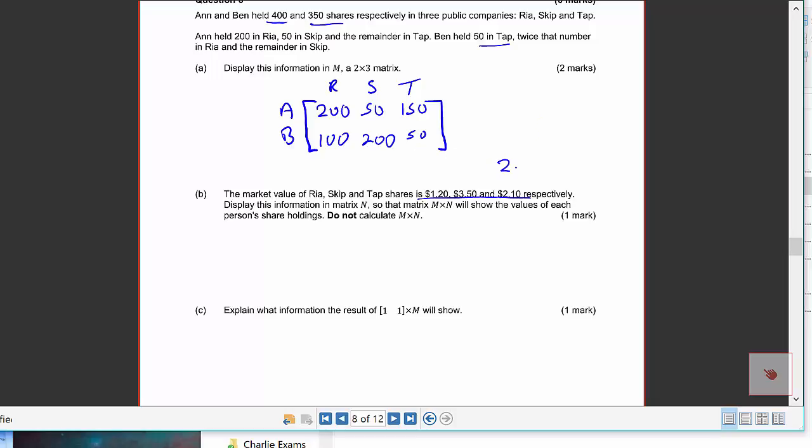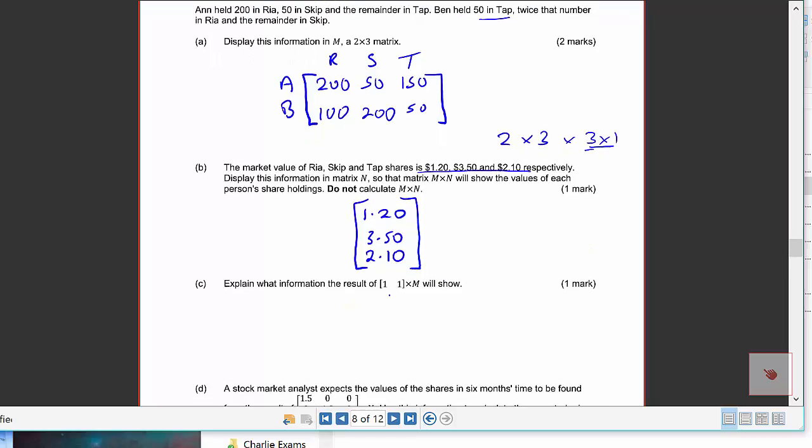Now note that this one is 2x3, and we want to multiply that by the other matrix, so it's going to have to be a 3x1. So 3 rows and 1 column, and then we'll have the 1.20, the 3.50 and the 2.10 in here.